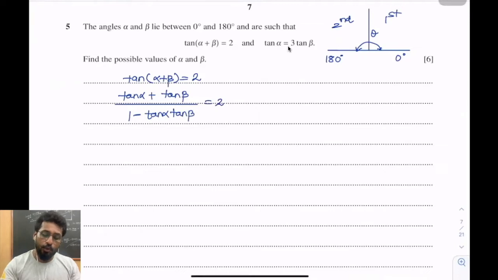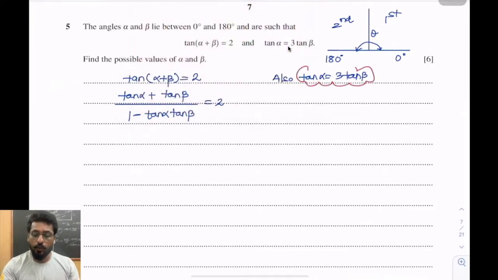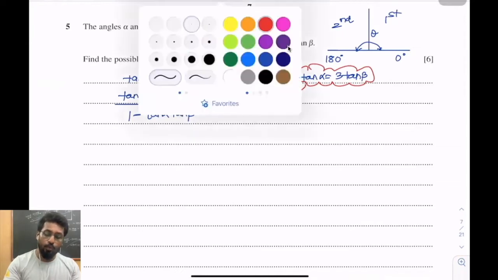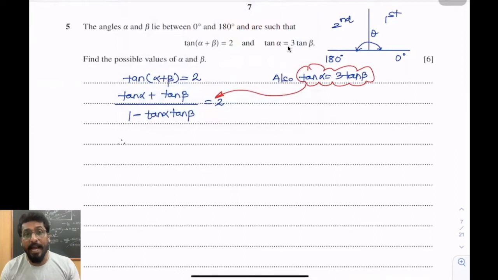Now I also know that tan alpha is equal to 3 times tan beta, right? If tan alpha is 3 times tan beta, can I substitute this into this equation? So in place of tan alpha, I can plug the value of tan alpha as 3 times tan beta. So I'm going to do that.